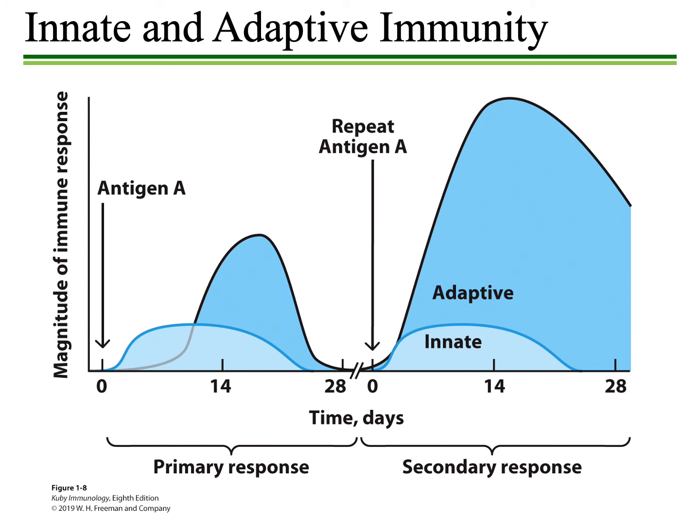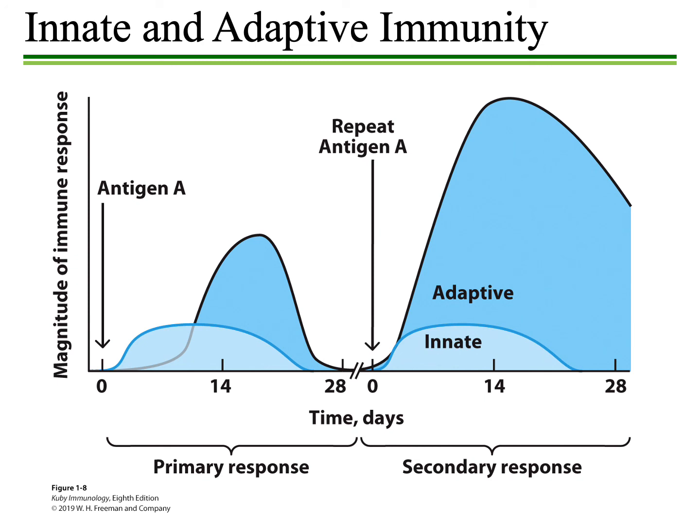So in the first half of the graph, you're looking at both the innate immune response and the adaptive immune response, with the magnitude of immune response listed in either the light blue for the innate immune response and then the darker blue for the adaptive immune response. What you can clearly see here is, again, the time lag that occurs before the adaptive immune response kicks in, but the magnitude of that response is much greater than the innate immune response.